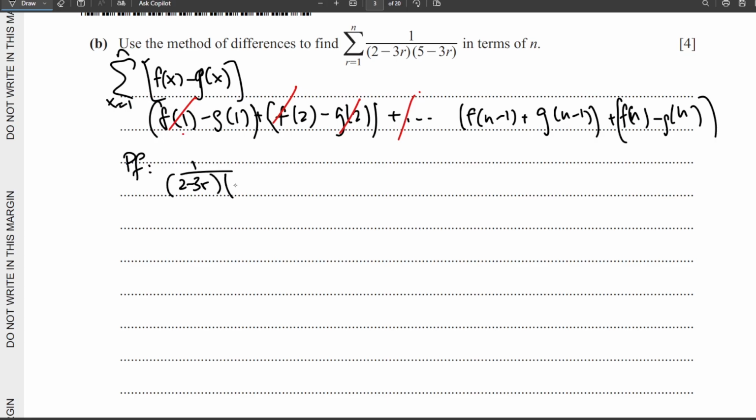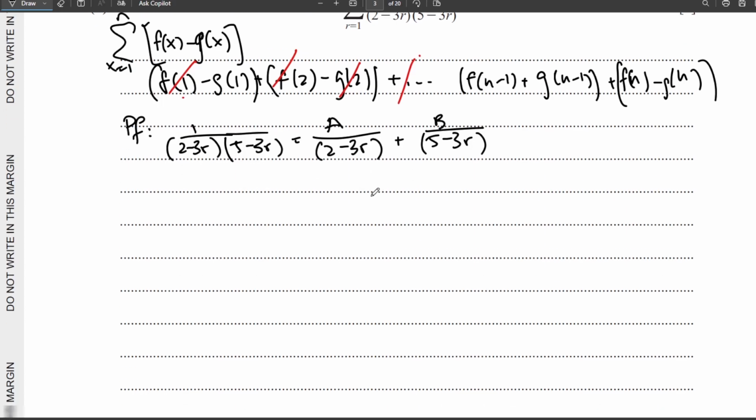If we have a rational function like this, we can rewrite it as a partial fraction of a constant on top and the first factor on the bottom, and then another constant over the other factor. For a linear factor, we don't have to add r on top. If it's a second order factor, we have to add another term, and so on. But it's a first order, a linear term, so we don't have to add anything.